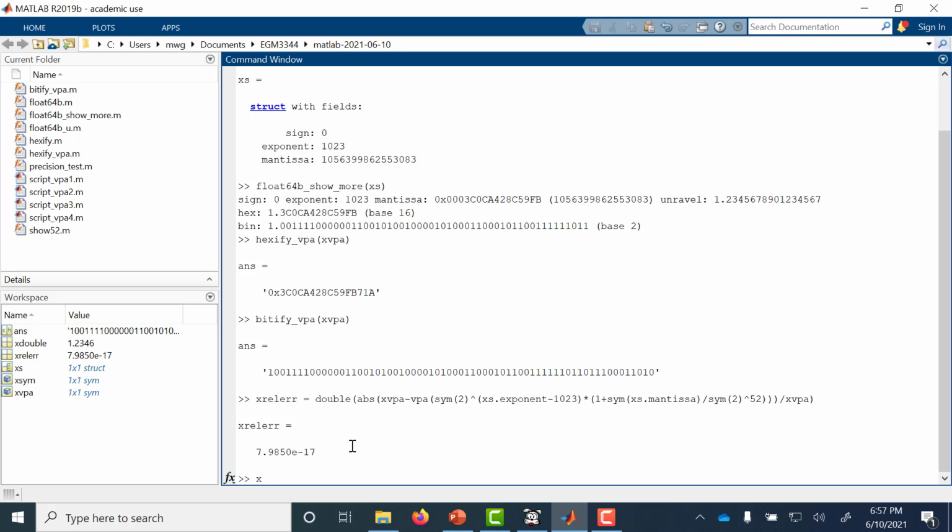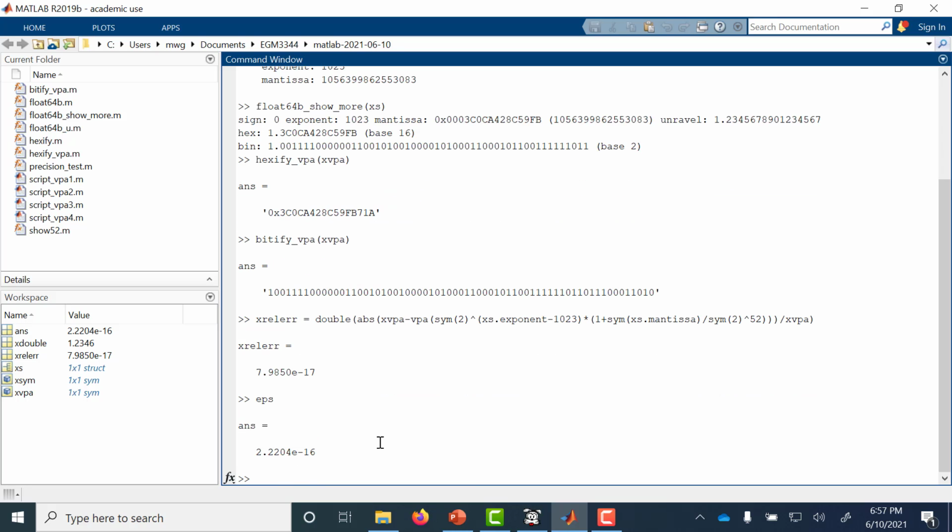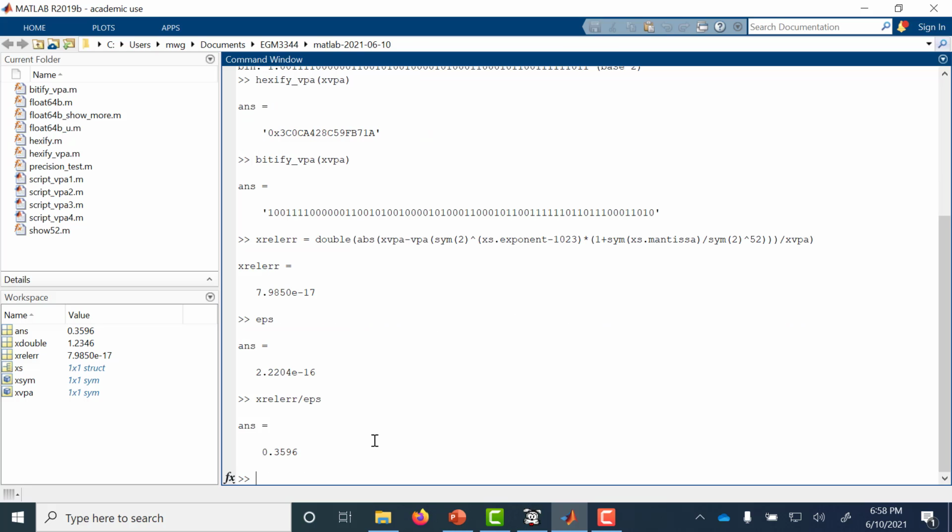And one thing I've been really focusing on myself is to take that relative error and divide by epsilon. Remember, epsilon in MATLAB is 2.2 times 10 to the negative 16th. That's that unit in last place. So if I do x relative error divided by eps, that's 0.36 roughly.